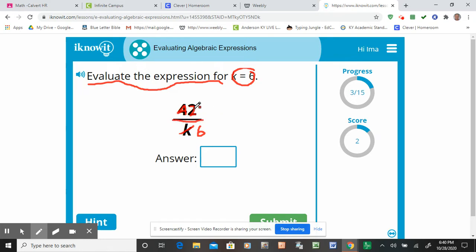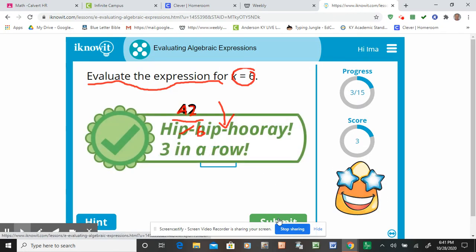It means divide. So it's 42 divided by 6. Always read from top to bottom. The bar means divide. 42 divided by 6. How many sixes are in 42? Okay. And your answer would be, think about it for a second, it should be 7 because 7 times 6 is 42. And then you move on to another one.